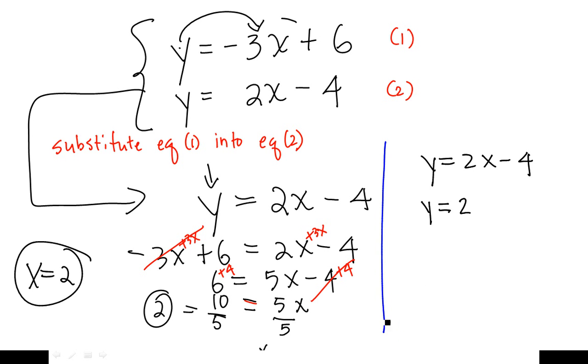Where did the 2 come from? We just said that our answer for x is 2. So all we're doing is substituting that information back in. So y equals 4 minus 4, which equals 0. Therefore, our answer is the ordered pair 2, 0.